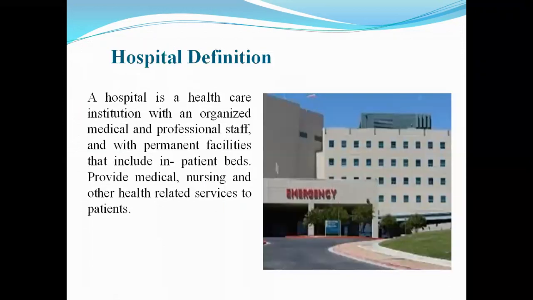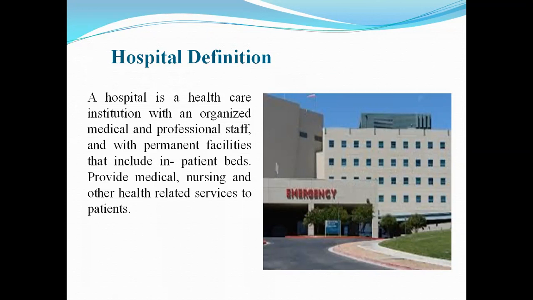So to begin with, a hospital is defined as a healthcare institution with an organized medical and professional staff and with permanent facilities that include inpatient beds, providing medical, nursing, and other health related service to patients. The staff working there are medical and thoroughly professional.